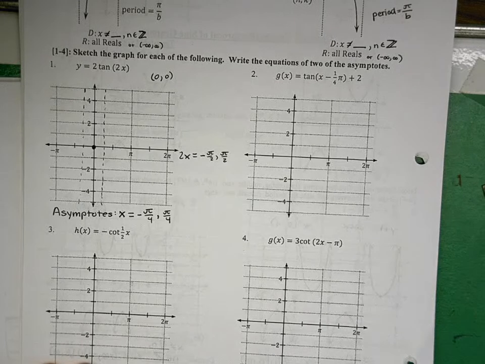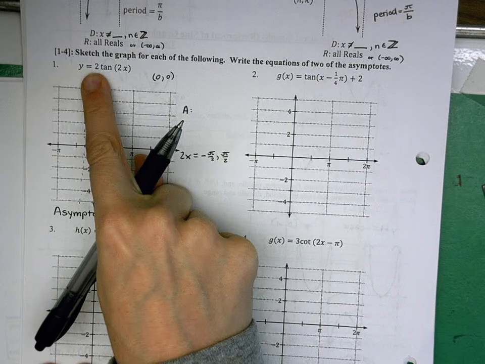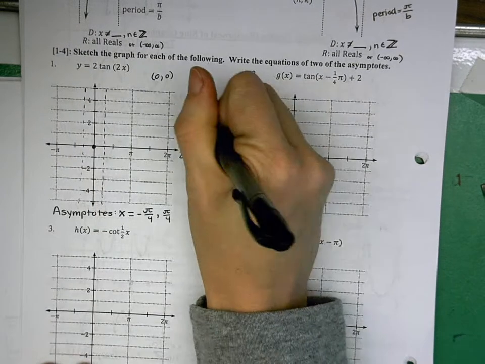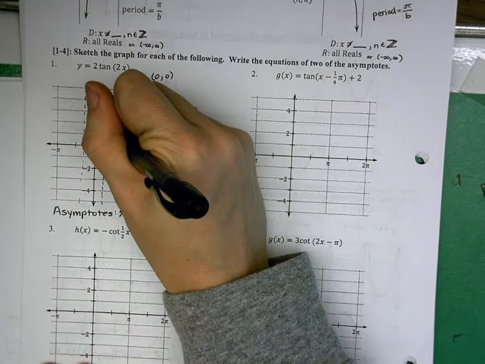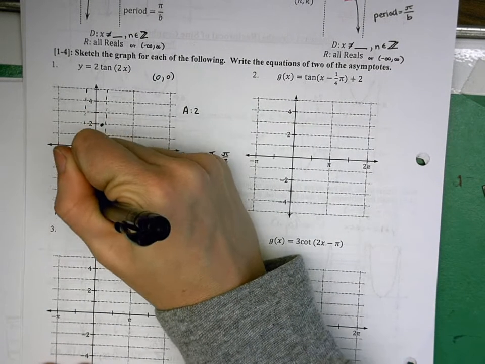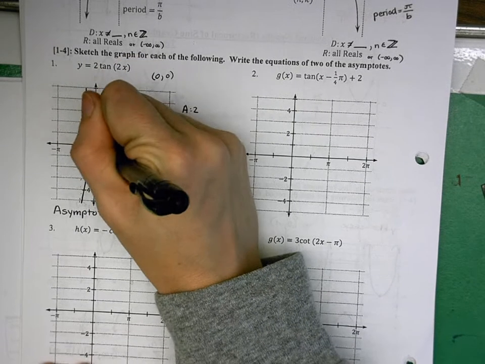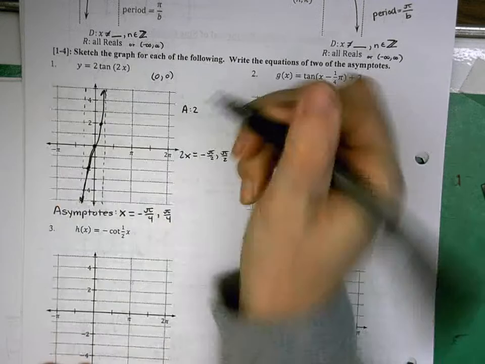Your amplitude in this particular case is 2. And so I'm going to be going up 2 and down 2 for my 1/4 and 3/4 points. And we've got our tangent graph. Okay, so something like that.